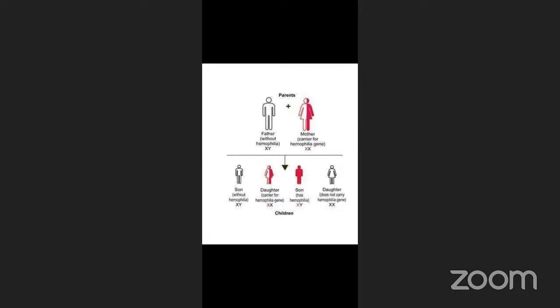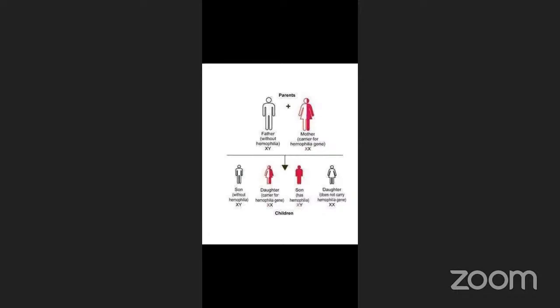Now suppose they have 4 children. The son gets a healthy, normal X chromosome from the mother and a Y chromosome from the father. So he is healthy. The daughter gets the defective X chromosome and another X chromosome from the father. So she is also healthy, but she is a carrier.